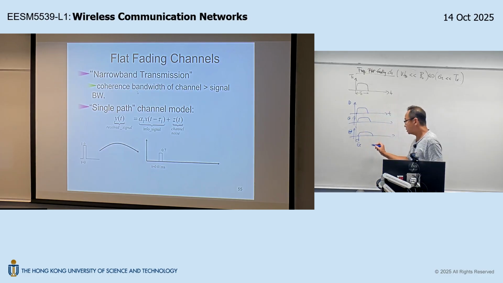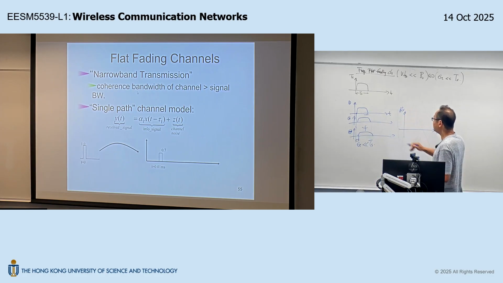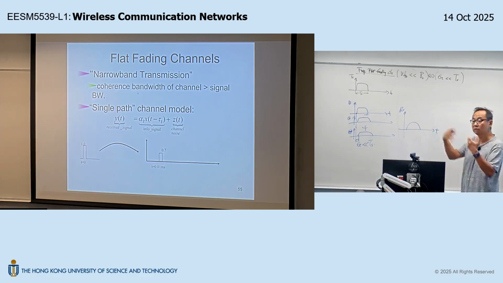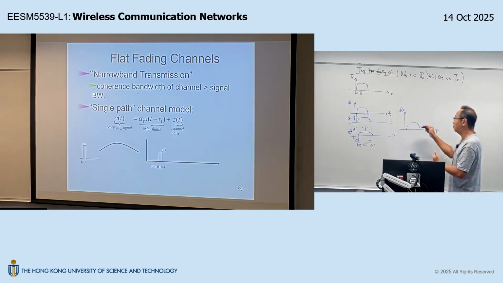The delay spread is much less than the symbol duration. So what does that mean? That means when you add up this multipath, you transmit one symbol and at the receiver, you also receive one symbol. But that symbol will be slightly distorted, okay? So that would be the intuition.